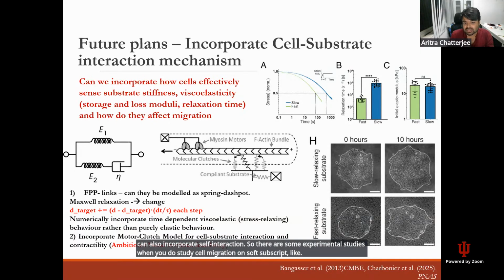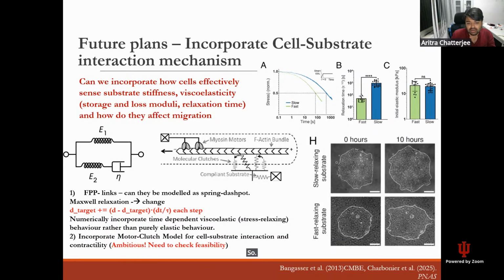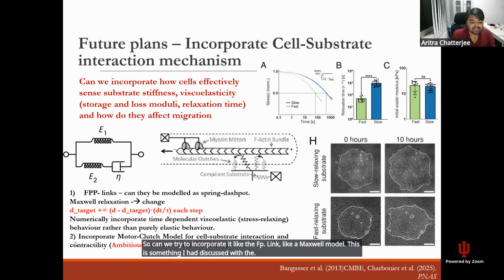These are not just elastic, they are viscoelastic. So can we try to incorporate the FTP link like a Maxwell model? This is something I discussed with Professor Glazier, and he suggested that maybe you can numerically compute this parameter, where you can incorporate stress relaxation. This is a very nice idea. I hope to explore it in the long term.